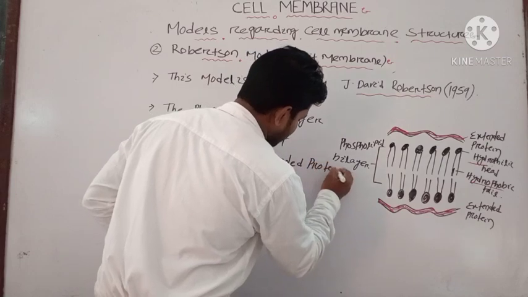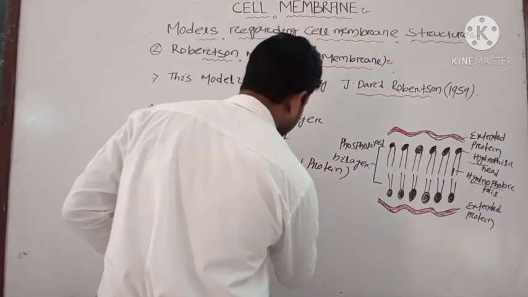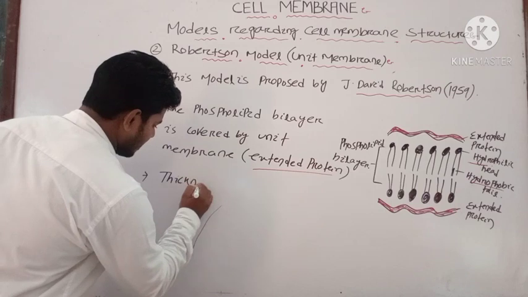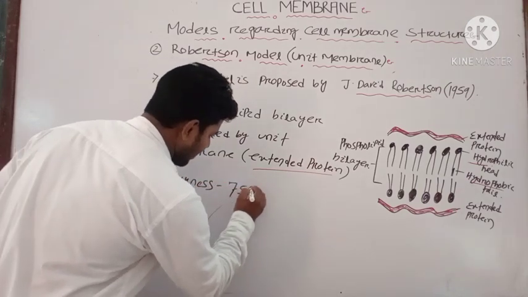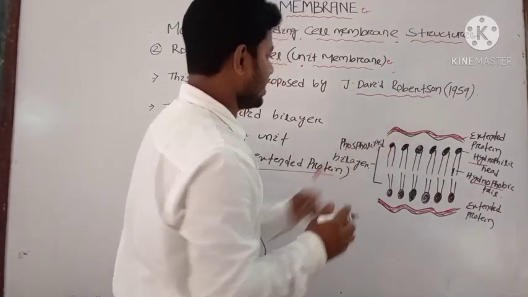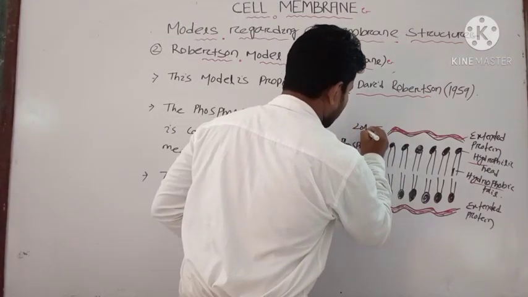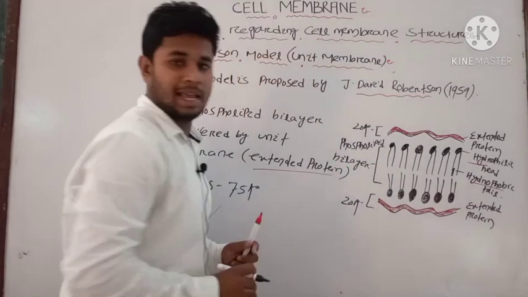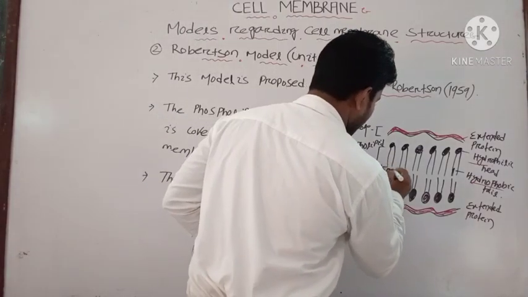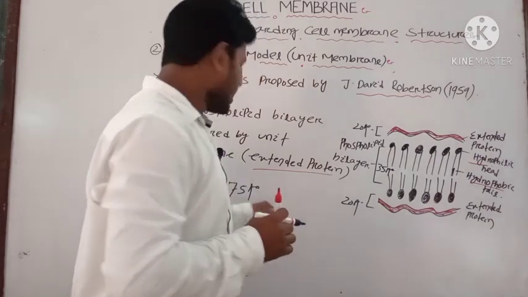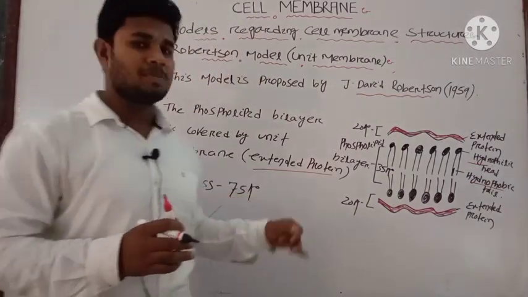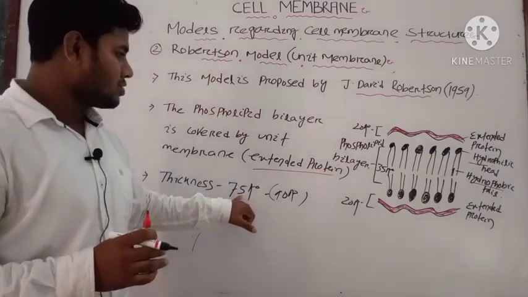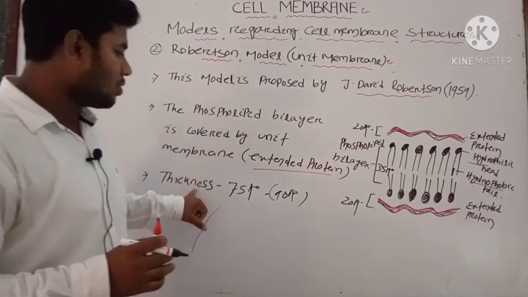Thickness of the unit membrane is around 75 angstrom. That is, the extended protein is around 20 angstrom, here also extended protein is around 20 angstrom, and phospholipid bilayer is around 35 angstrom. But occasionally the thickness of the unit membrane may vary from 75 to 90 angstrom, but usually you can find 75 angstrom. Okay, note down these points.